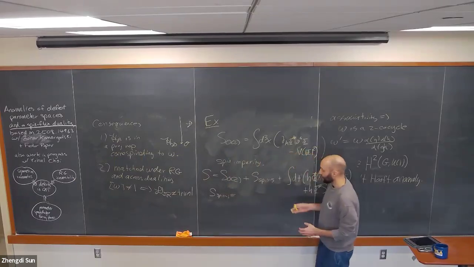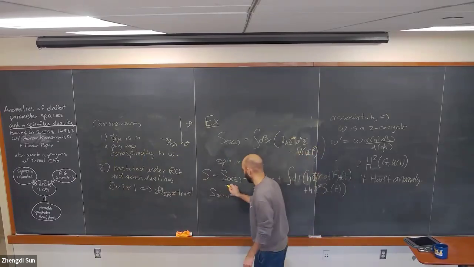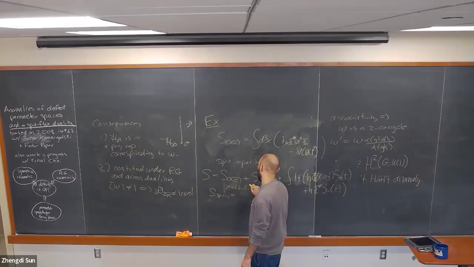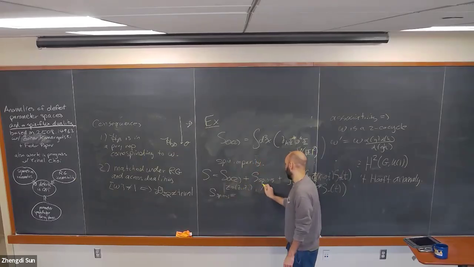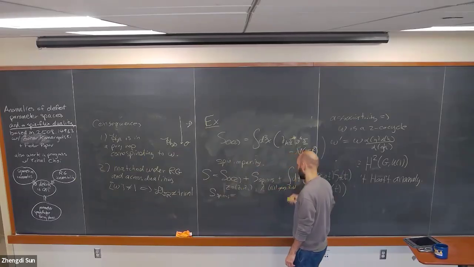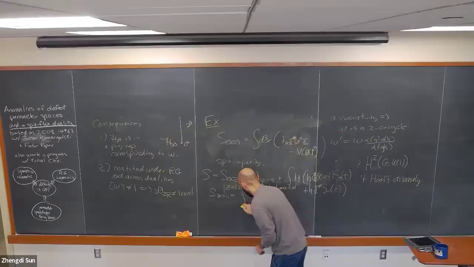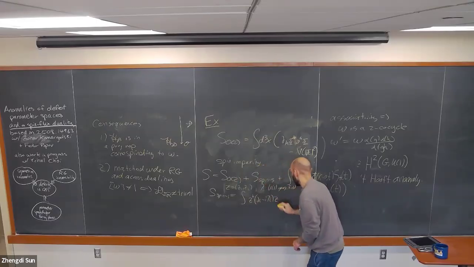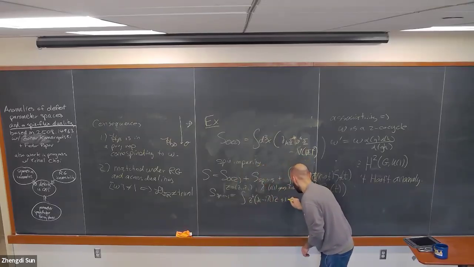The way you do this is you take a quantum mechanical theory with the following field content: a tuple of complex scalar fields and also a U(1) gauge field. Take the following as my action.